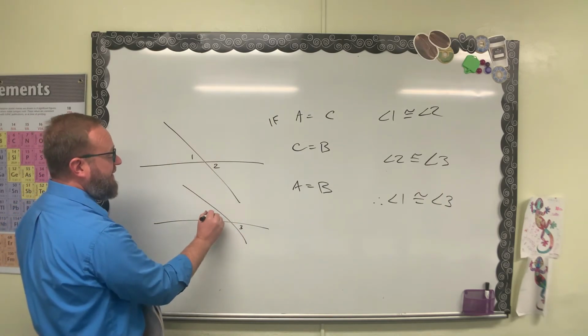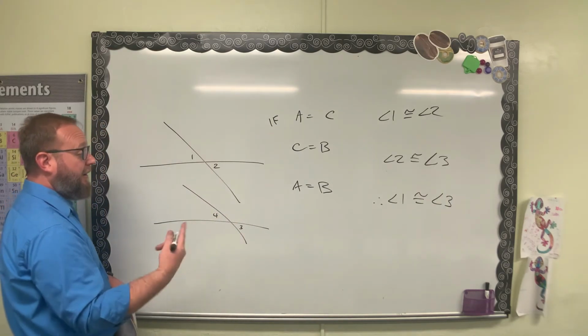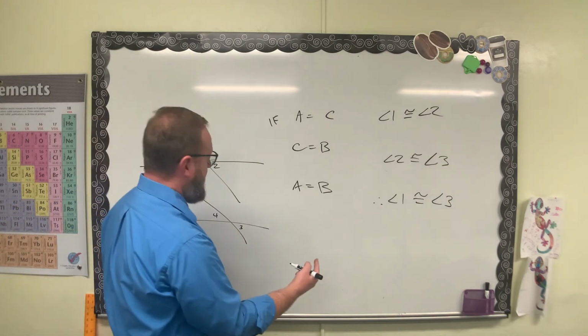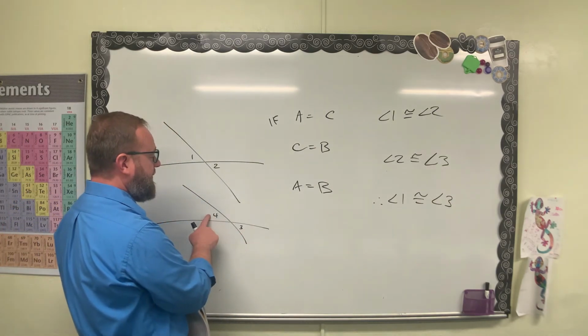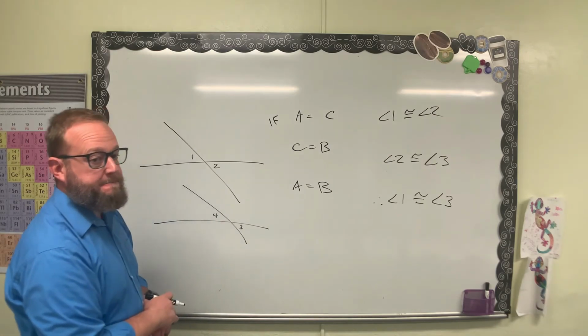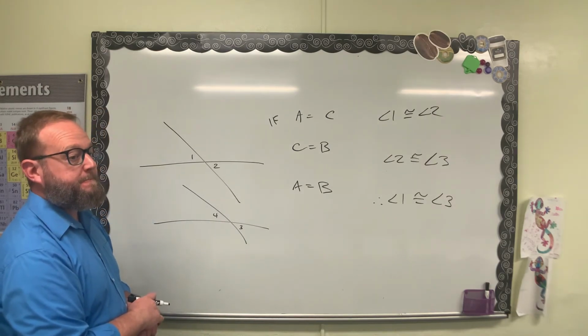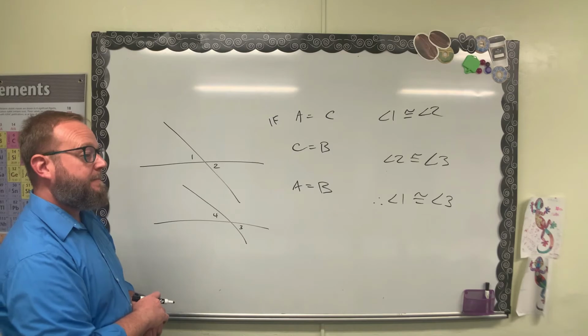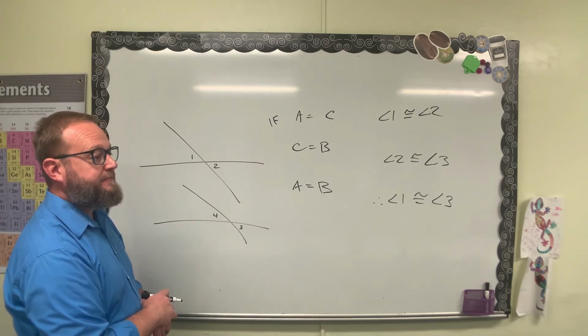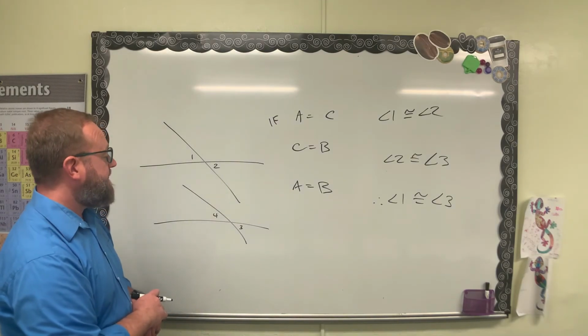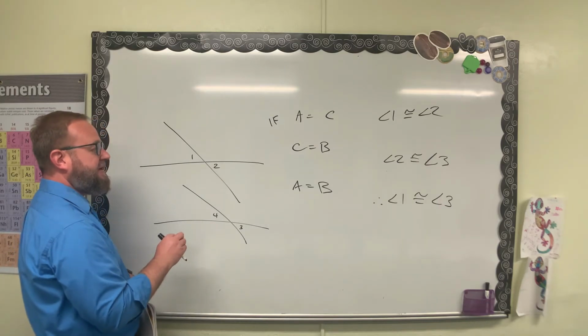If I had a 4 right here, I could also say 3 was congruent to 4 based on what property? Reflexive. So that's the difference.